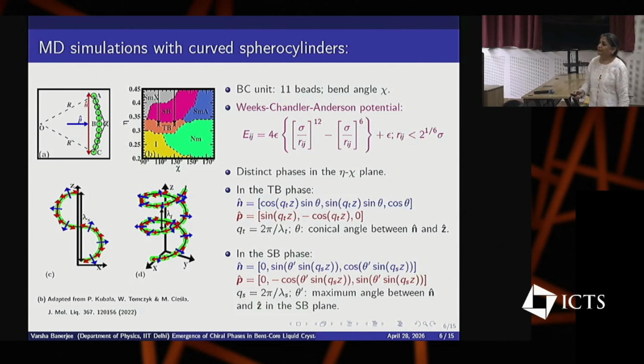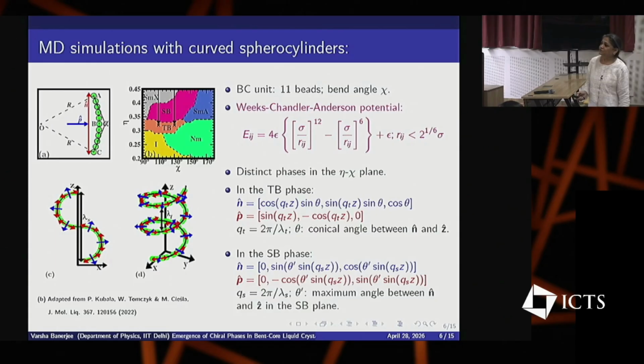There exists a nice phase diagram for this particular system. Eta here is the concentration of the bent core molecules, and chi is the bend angle. As you vary each of these, you go through different kinds of phases.